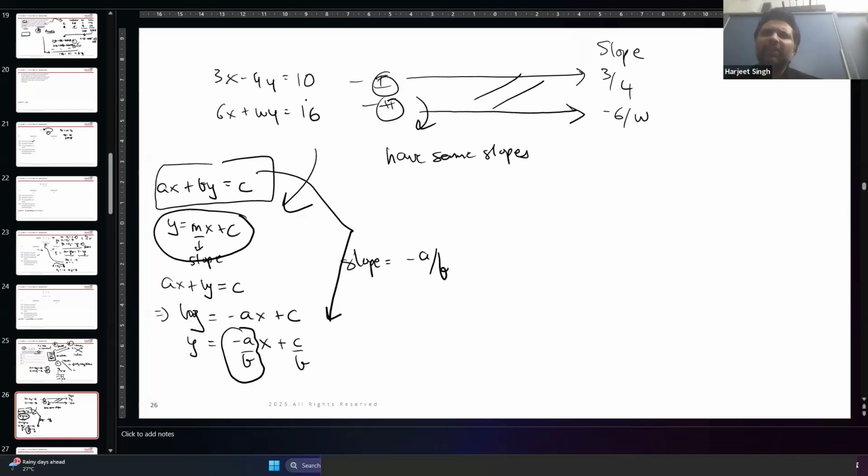Minus 6 over w. Can I equate these two? Yeah. Because they have the same slopes. So can you tell me what is w, please? Minus 8.